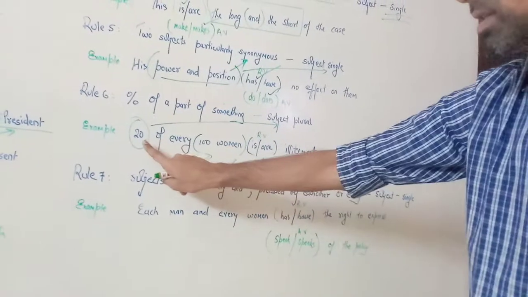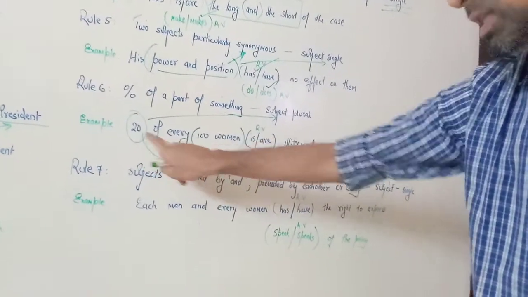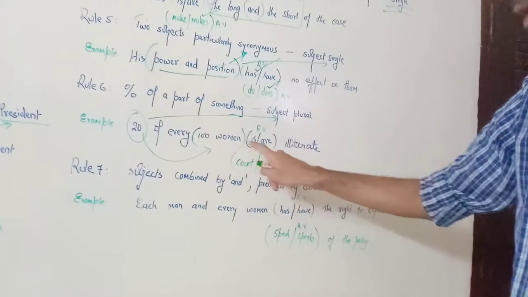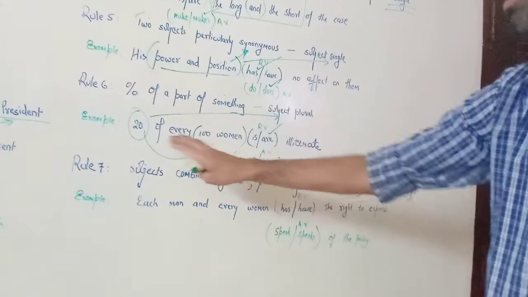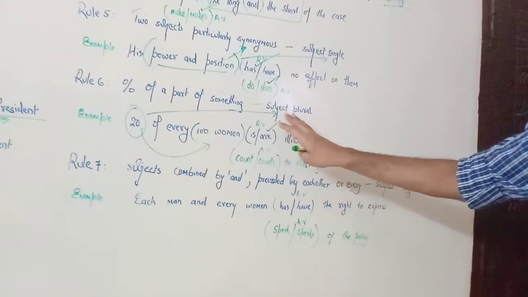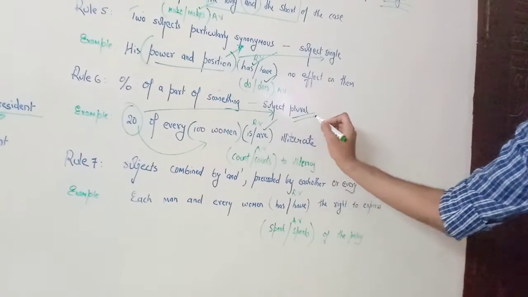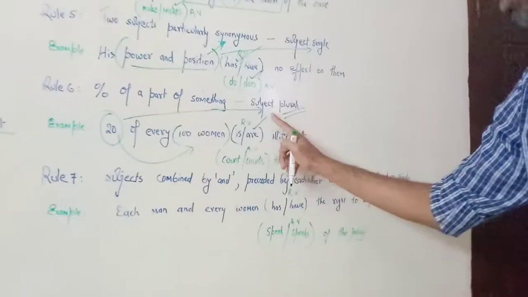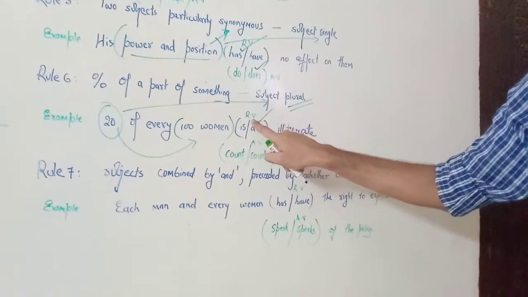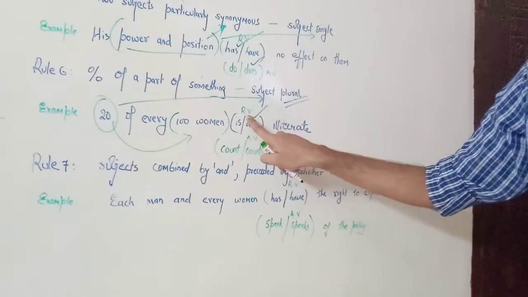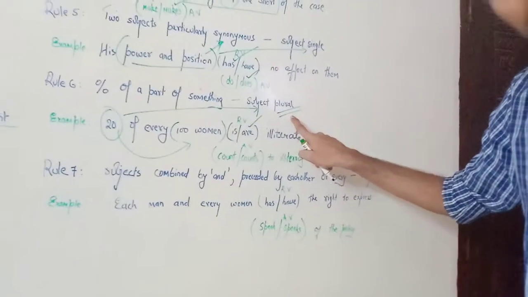So what happens is, if this kind of an expression, 20 of every 100 women are illiterate, I will sit with are. Why? Because as per the rule, the subject happens to be plural in nature. Thus, if the subject, which is plural in nature, sits with a relative verb, the nature of the relative verb will be similar to the nature of the subject. Good.